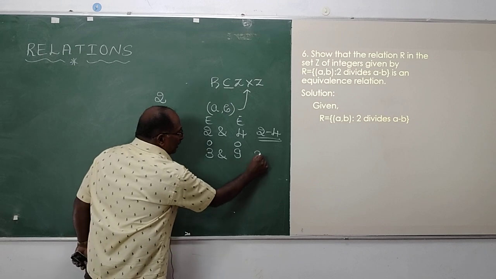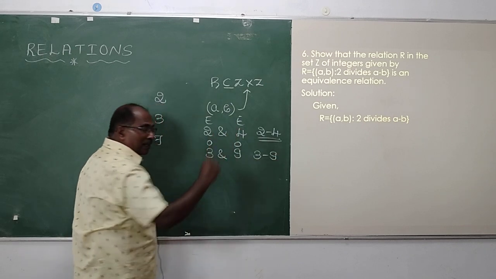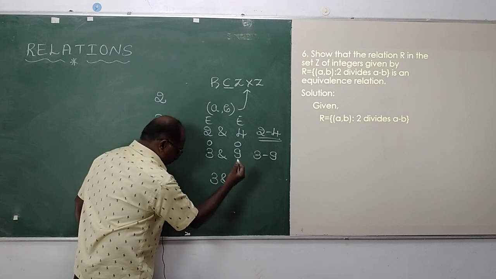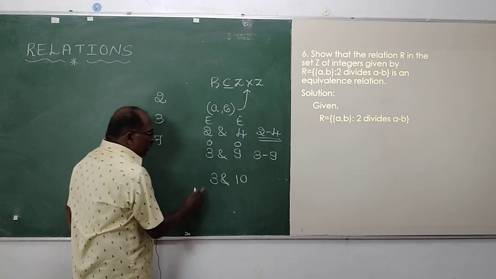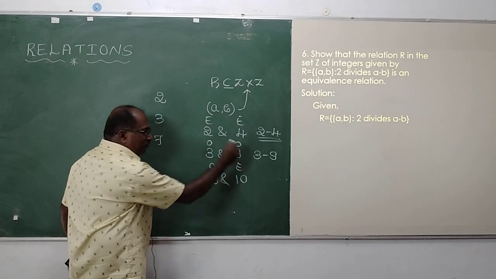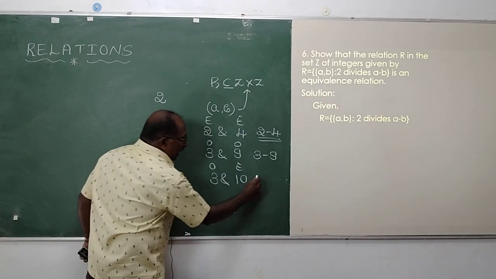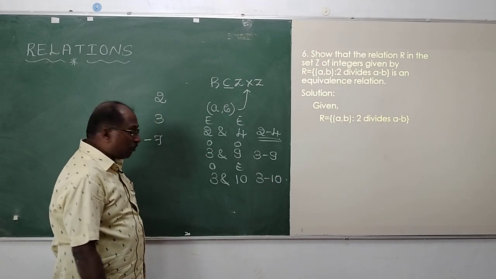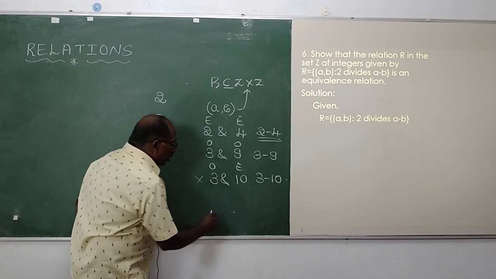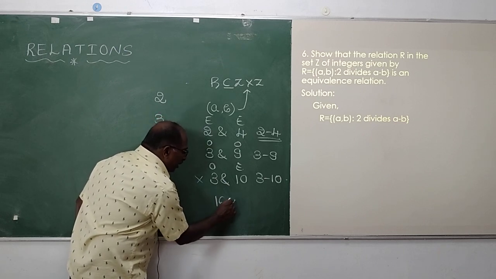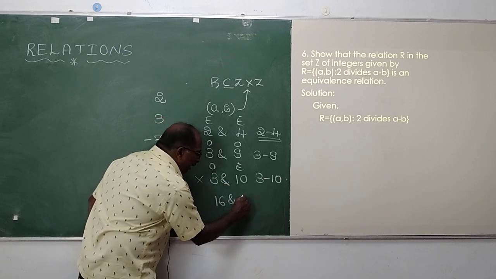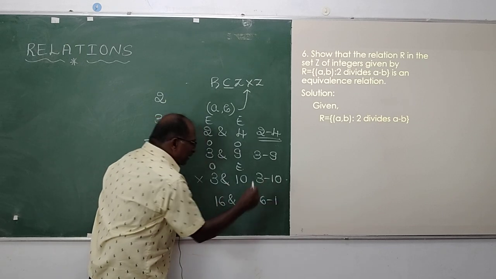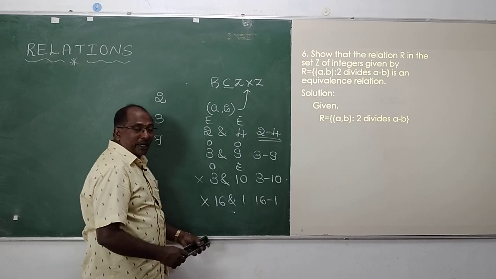The difference of 3 and 9 is 3 minus 9, which is minus 6, divisible by 2. 3 and 10: here one is odd, the other one is even. The difference of 3 and 10 is 3 minus 10, which is equal to minus 7, not divisible by 2. 16 is even and 1 is odd. Their difference is 16 minus 1, which is 15, which is not divisible by 2.